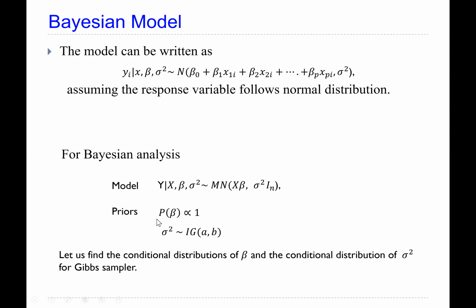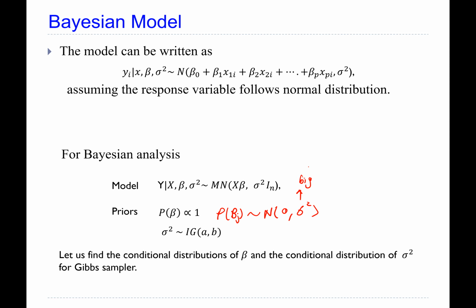What about the priors? You can use the prior distribution for beta proportional to 1. It means you have no information about the parameters beta. Also, you can use normal distribution for each parameter. The probability of beta j is normal distribution with mean 0 because I don't know beta j is negative or positive, and sigma square, and I use a very big value for sigma square.